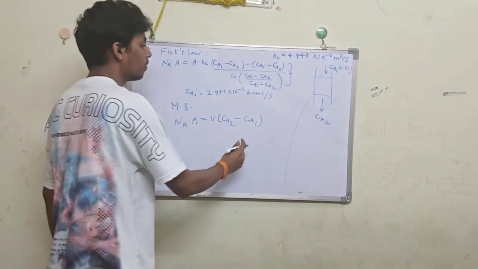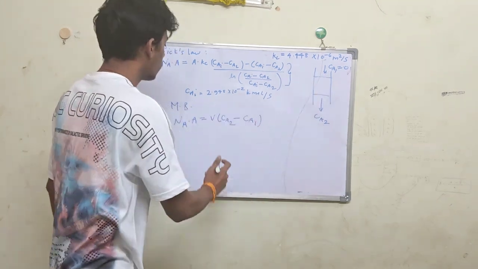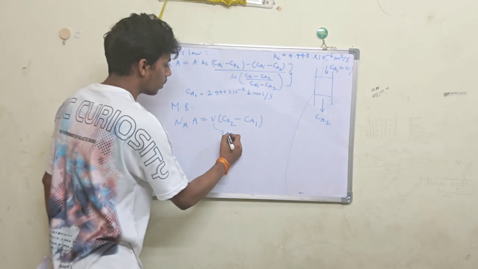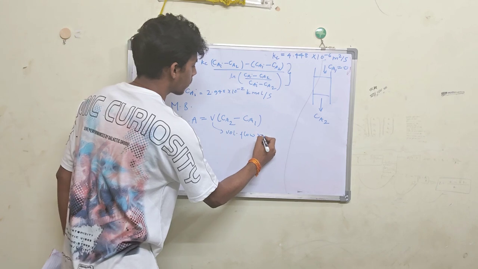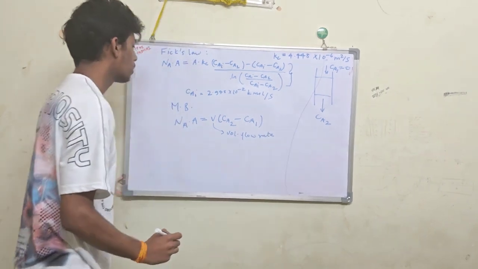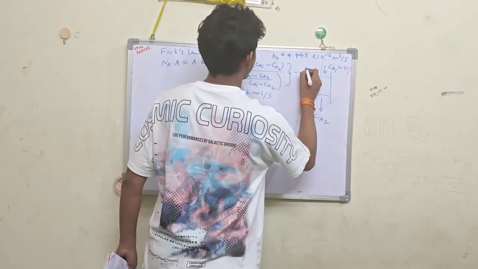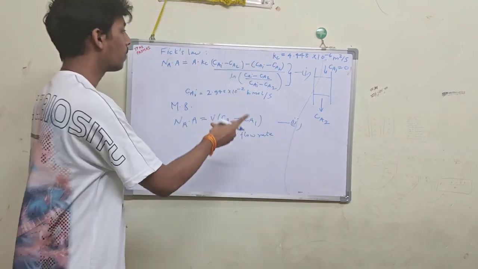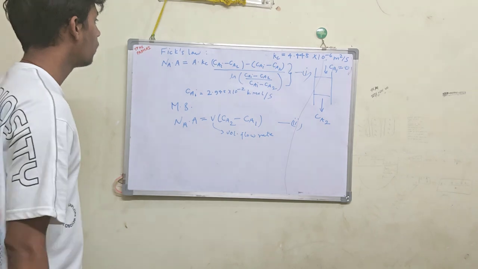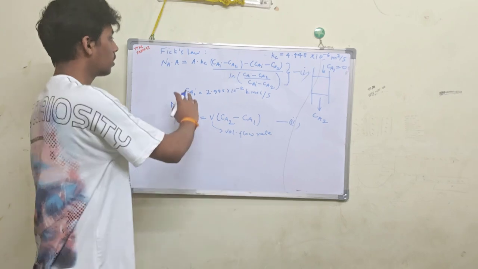Here we are directly using the driving force, which is CA2 minus CA1. This V is volumetric flow rate, already given in the question. This is equation 1. This is equation 2. If we equate both these equations, then we'll get the value of CA2 because everything else is given in the question.